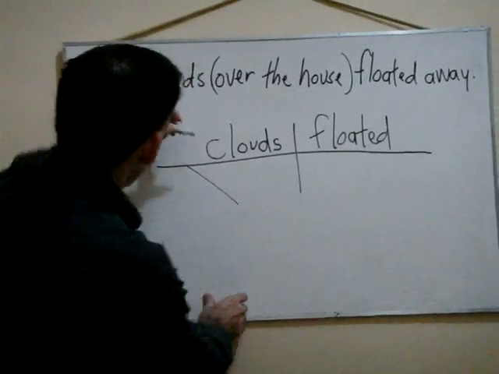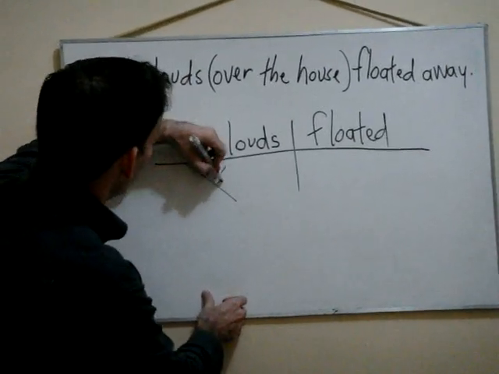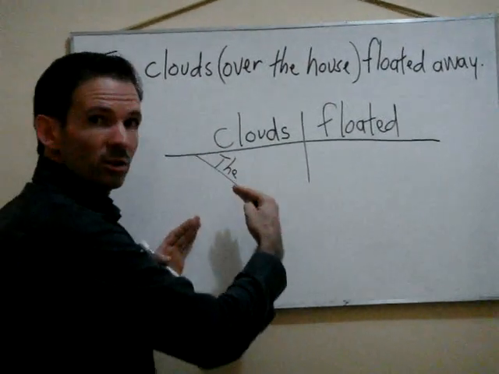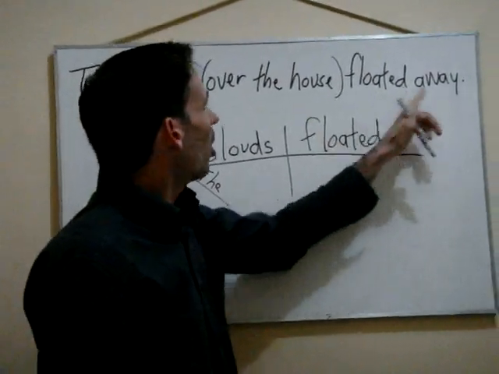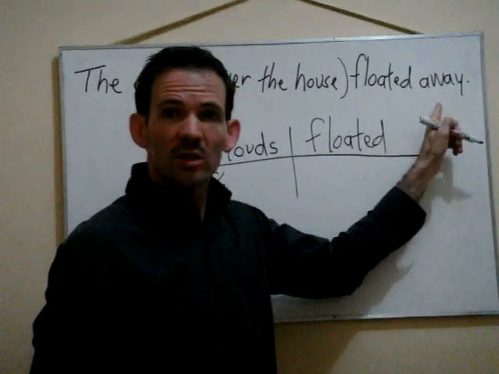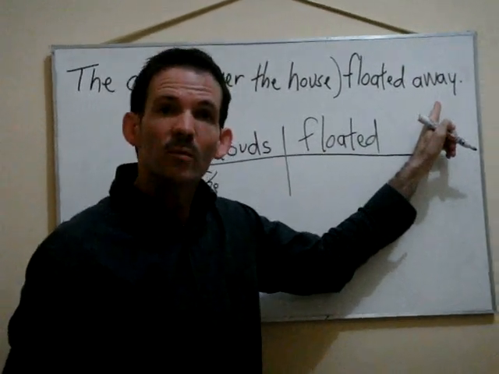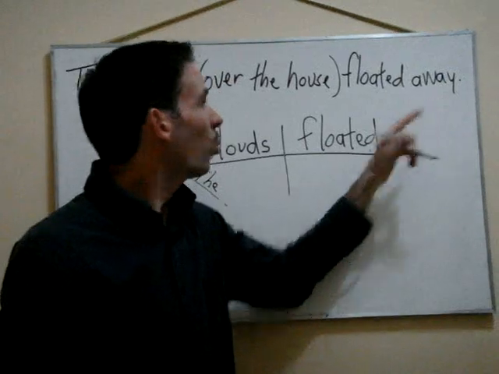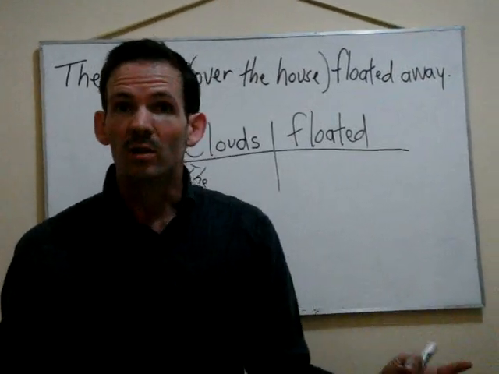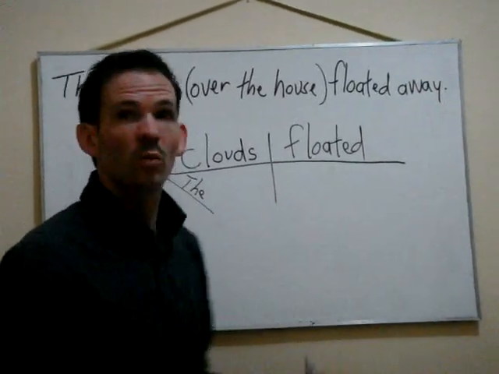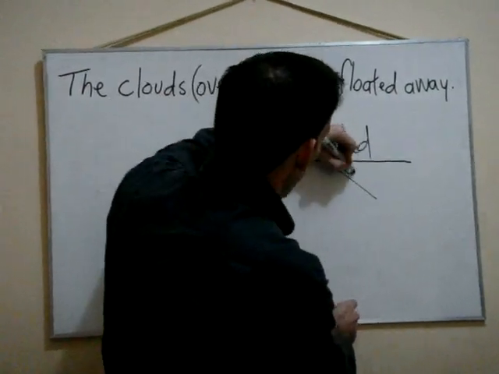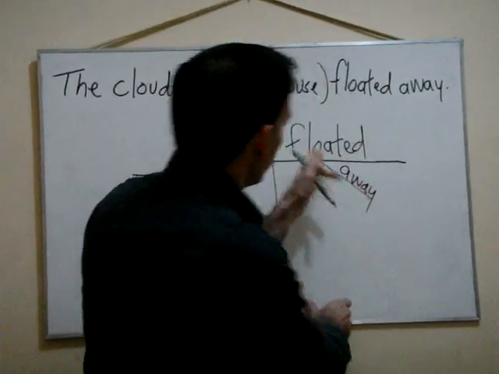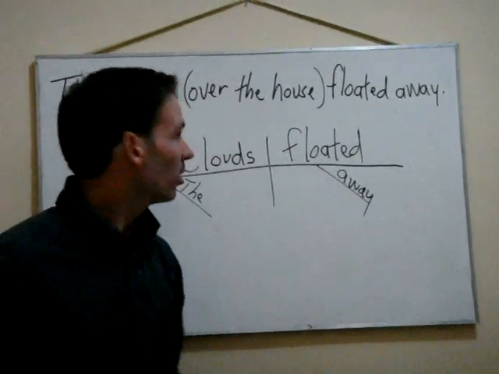So in this case, we're going to put it right here because modifiers go under the words that they modify. And floated away. This one is an adverb. It's adding information to the verb by saying where the action happened. Away. They floated where? They floated away. So we're going to put that under the verb because it modifies that verb.